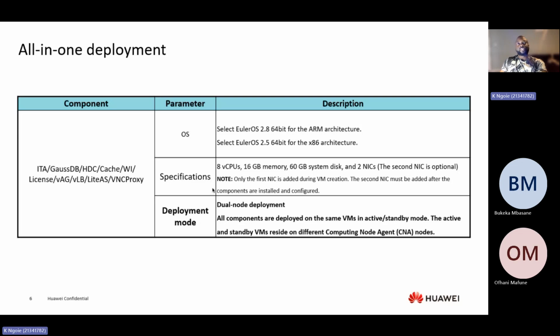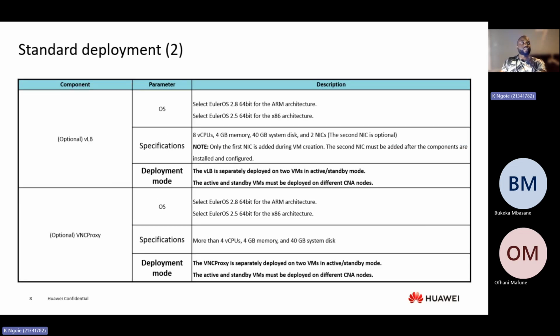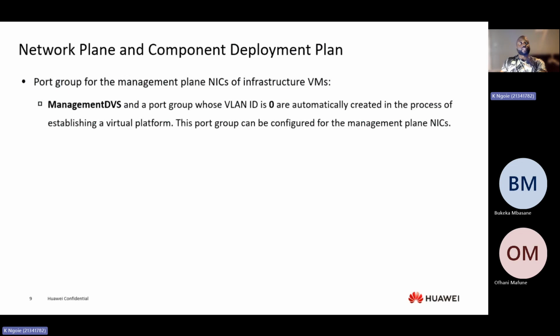All right, so these are certain specifications that we can have there. And then we have the standard as well with its own specification. Okay, and we have a network plane and a component deployment plane.